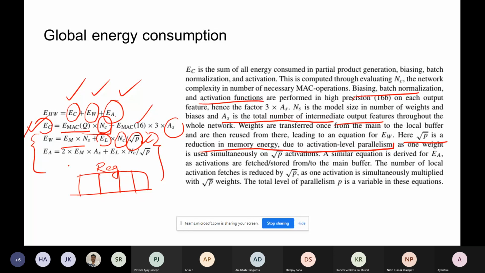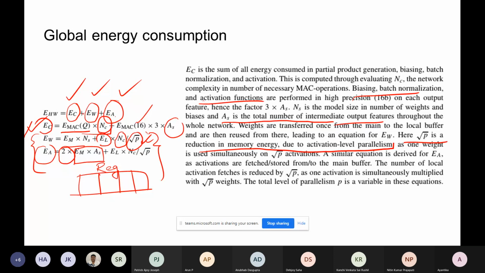Similarly, when you are talking about this activation input storage and fetch, it is the same thing. Only one small difference you can see here, EM into AS, number of times into the memory requirement into 2. Because when we are talking about activation inputs, we are fetching them as well as storing the activation outputs back in the memory to be used in the next layer. For the weights, we are just fetching because we are talking about the test layer, the test phase.